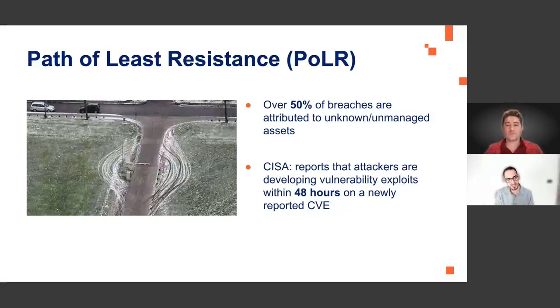In fact, CISA and DHS released a paper a year ago that said it takes on average 48 hours for attackers, from the moment that a new CVE is published, until these vulnerabilities are being exploited in the wild, on average. Now, the mean time to remediation of most organizations is in the months. Even for critical risk, even at Fortune 100 and Fortune 10 companies.